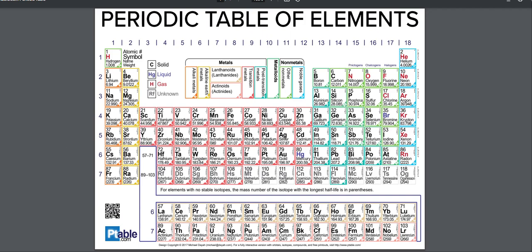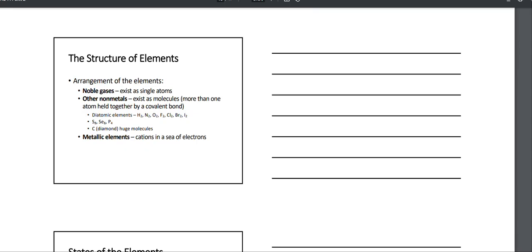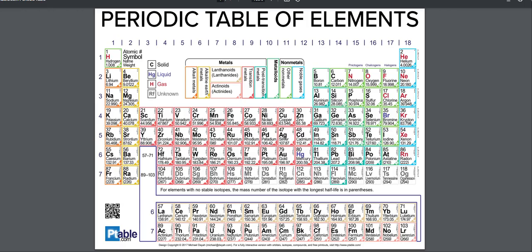Okay, so oxygen and nitrogen also exist as diatomic molecules, not as monoatomic, a single atom. Sometimes something like sulfur, if you look at sulfur right here, can exist almost in a polymer shape with so many atoms bonded together.